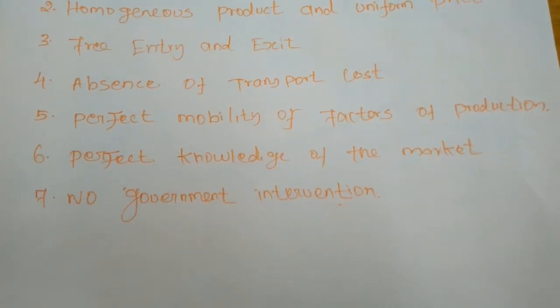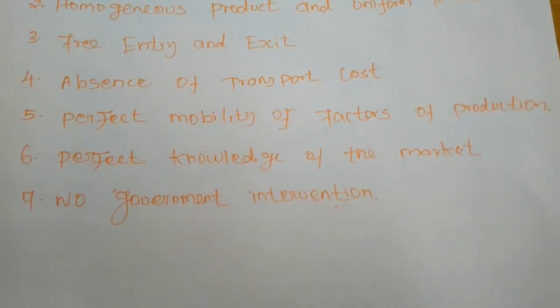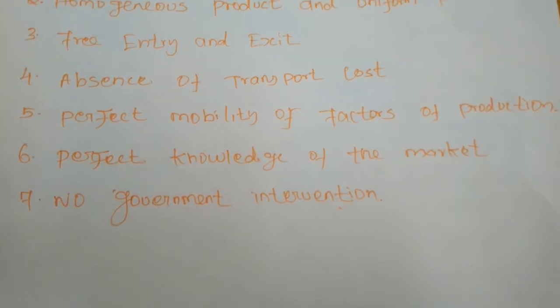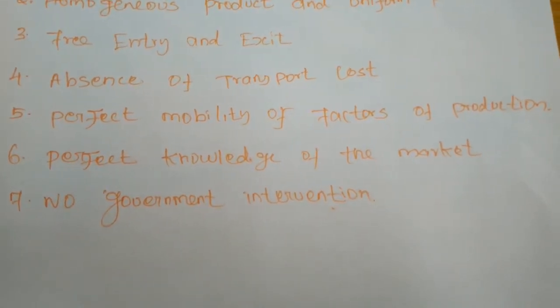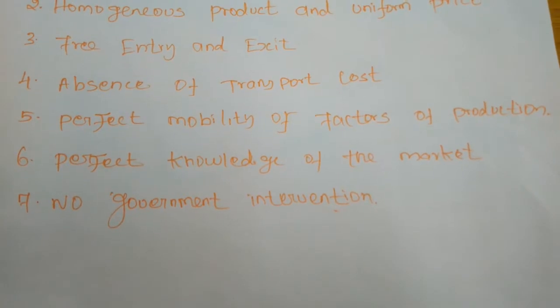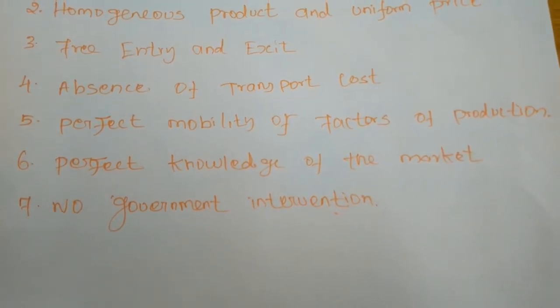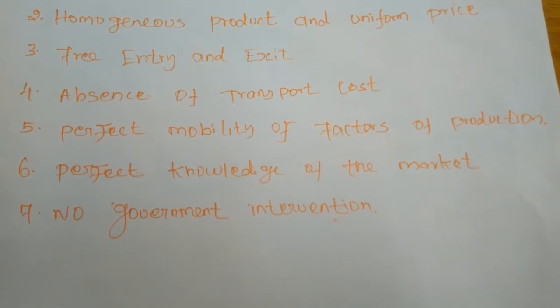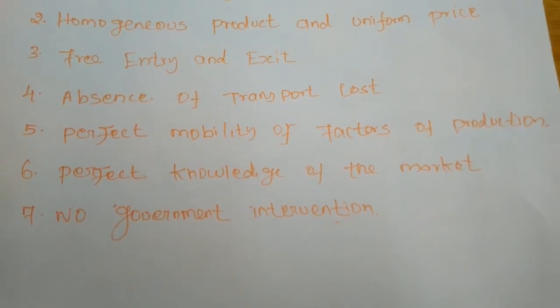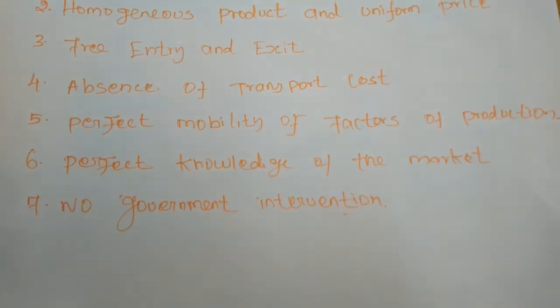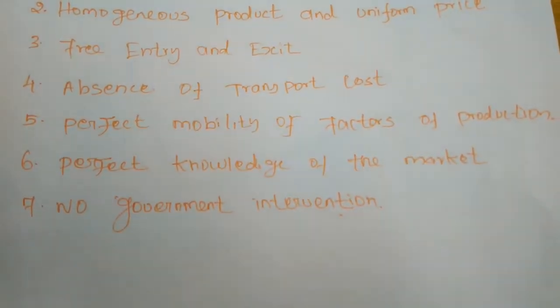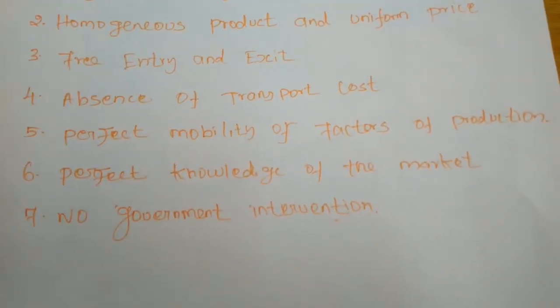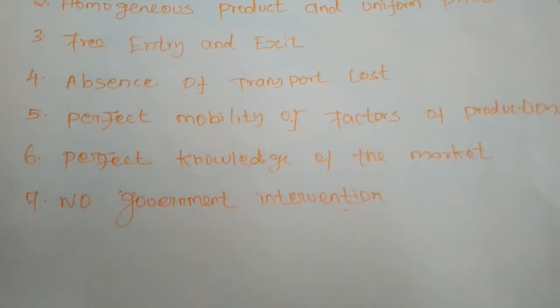By arranging more factors of production. So at that time, the factors of production will be in more demand. Even if the factors of production are in more demand, the producers or sellers will arrange them for use in producing the commodities. So the factors of production also will have perfect elasticity.